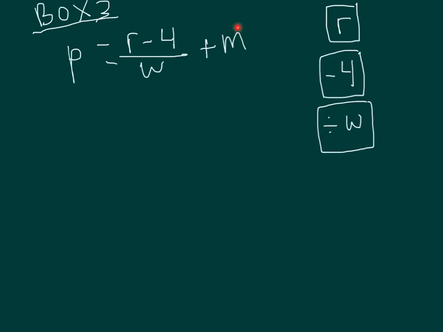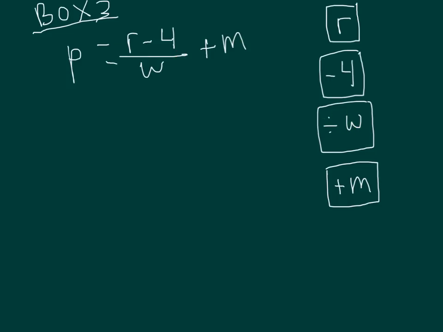So let's put that over here in a little box. I'm going to add m. So this is what they're doing to r. They subtract 4, which I wrote here. They divide by w next, right there. And they add m right here.